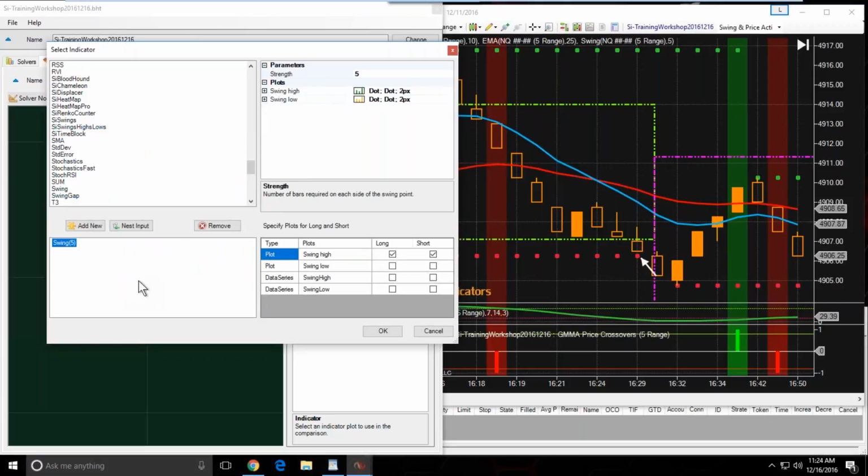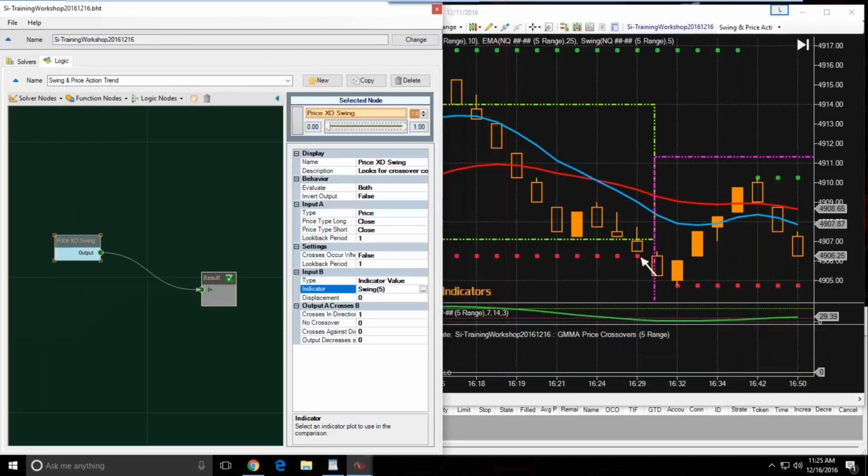We're going to use the swing plots here. So when price crosses the swing high, that'll be good for a long condition. And when price crosses the swing low, that's what you're using for the short trend condition or downtrend.